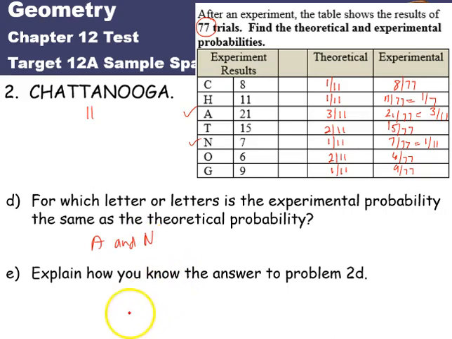Now we have to explain. Okay, so for A, the theoretical probability is 3 out of 11, because there are 3 A's and 11 letters.